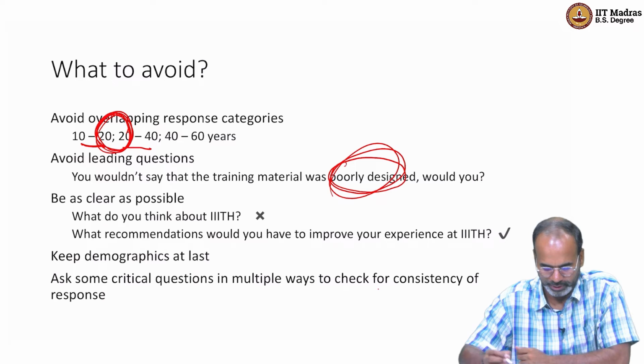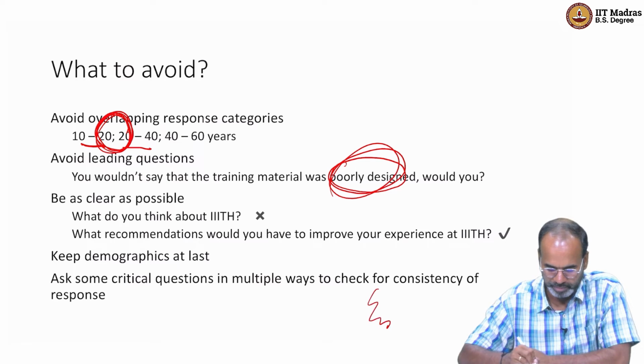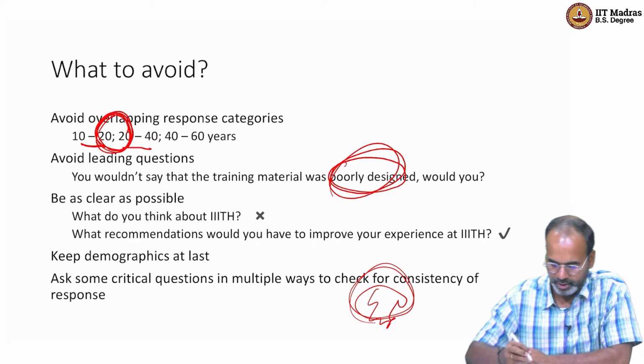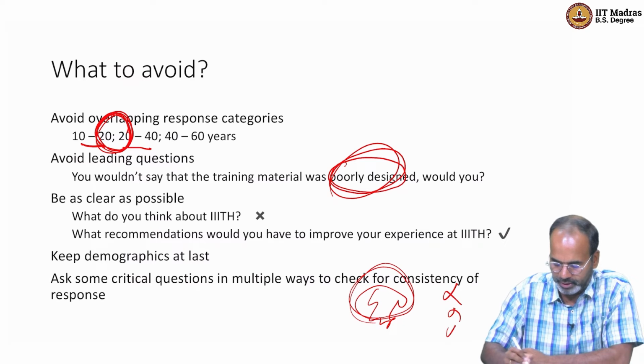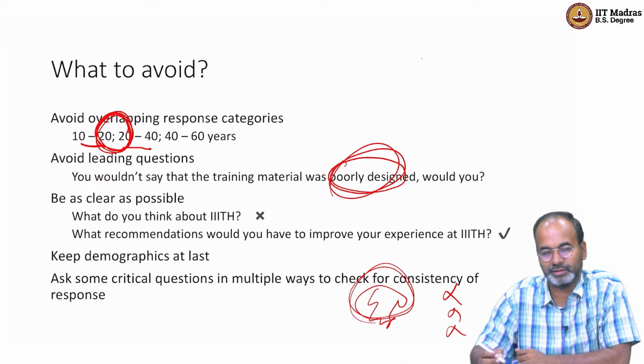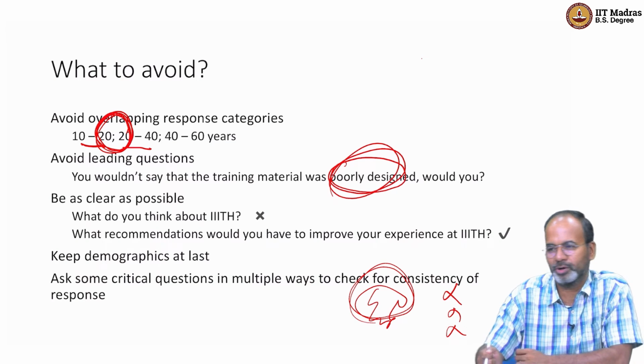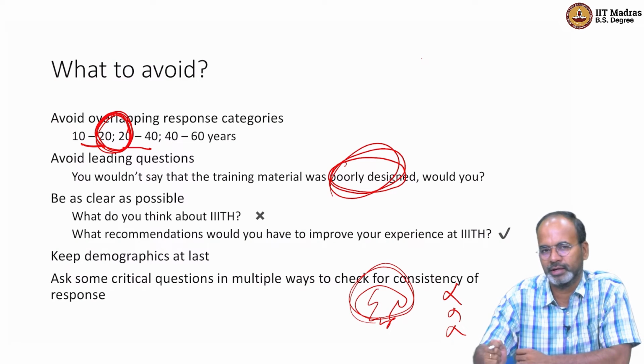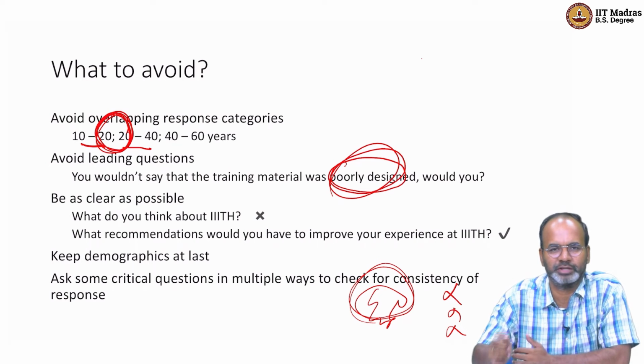Ask some critical questions multiple times. This is one of the important things that you should keep in mind. Ask the same question sometimes twice or thrice in a longer questionnaire to make sure that you're getting the same response. If you're not getting the same response, probably the user is not thinking clearly. For example, your last name or your year of birth, which is very easy for them to pick.